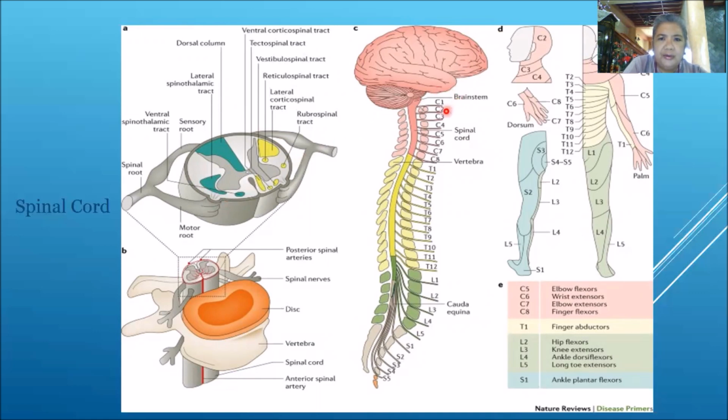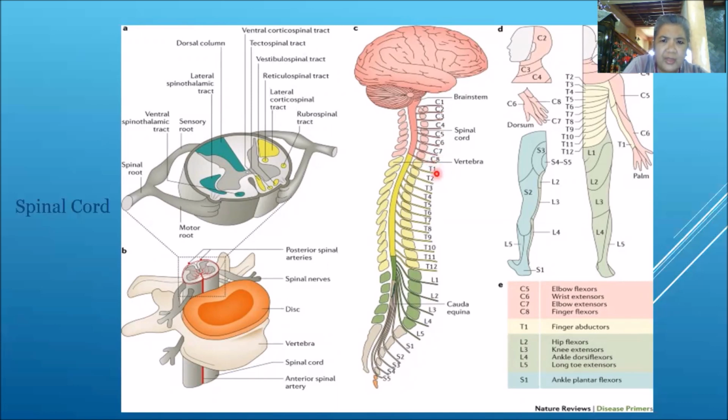So you see here, you have your first cervical spinal nerve to the 8th cervical nerve.